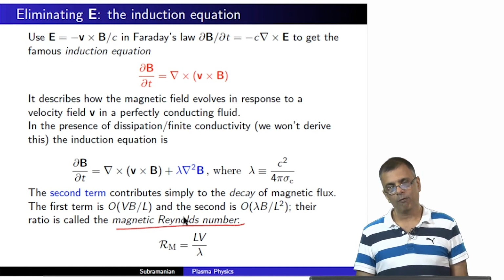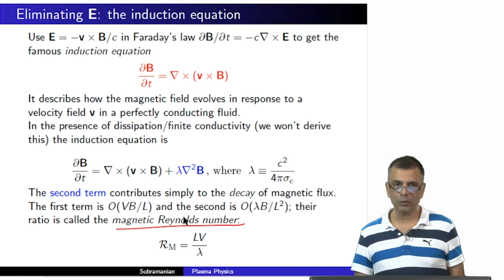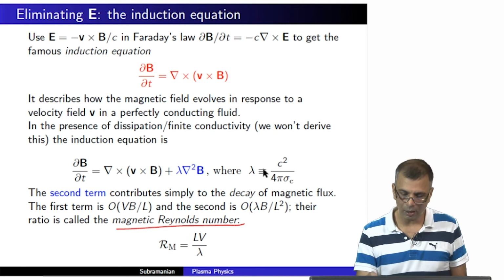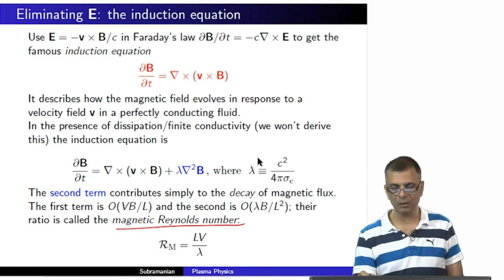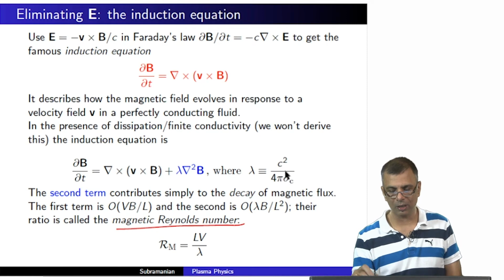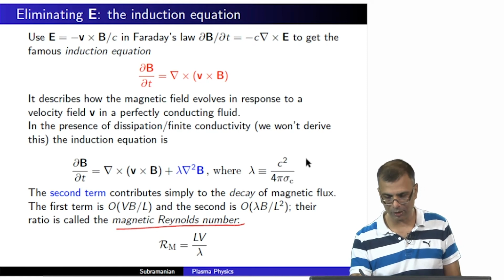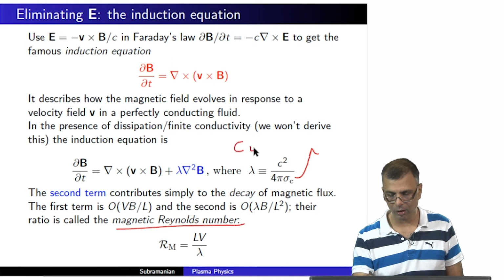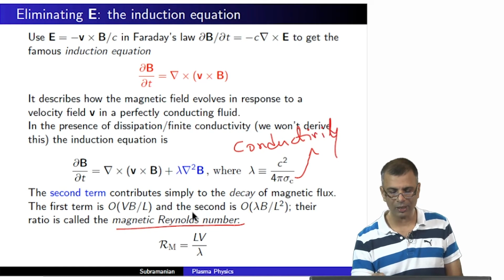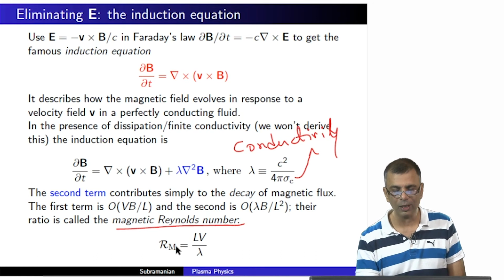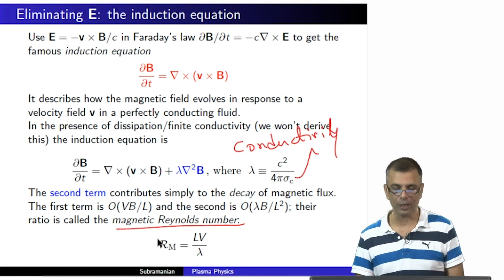So, for an infinitely conducting fluid, lambda is technically 0. You see the sigma c appears in the denominator, and this is the conductivity. So, for an infinitely conducting fluid, since lambda is 0, the magnetic Reynolds number shoots up to infinity.